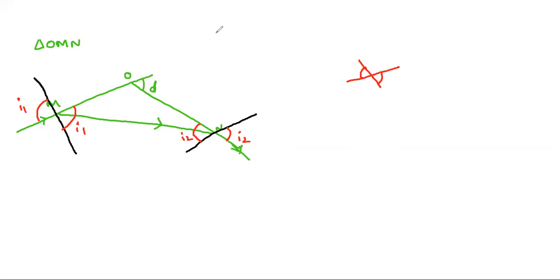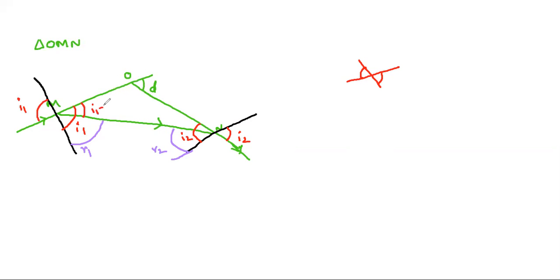And the angle between the refracted ray and normal is R1 I considered. In the similar way, the angle between the refracted ray and normal at the point N I will consider as R2.